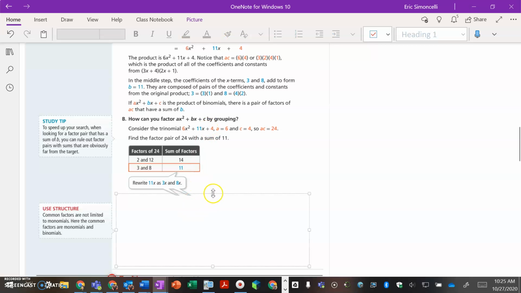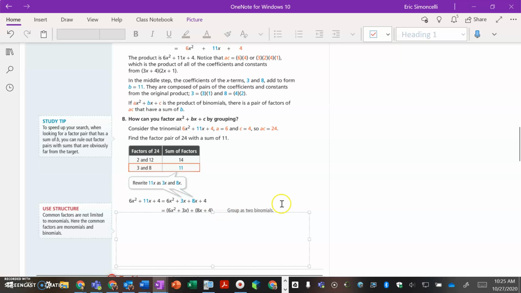So we are literally going to take the middle term and rewrite it as 3x plus 8x as you see in the next step. So rewrite the problem as you see. And by the way, this is also called splitting the middle term. We are splitting the middle term of 11x into 3x and 8x. Again, splitting the middle term.